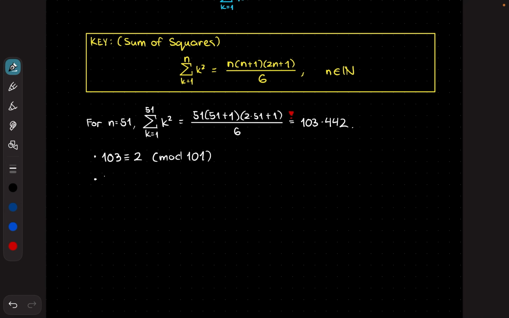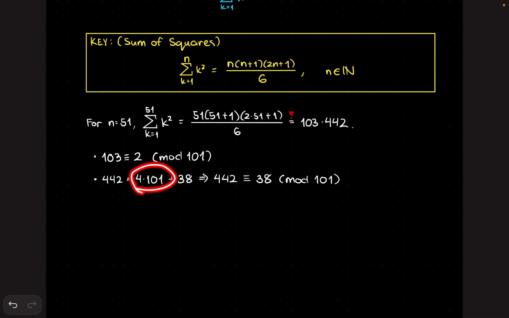On the other hand, for 442, you can actually write this as 4 times 101 plus 38, which means that when you divide 442 by 101, the remainder must be 38.